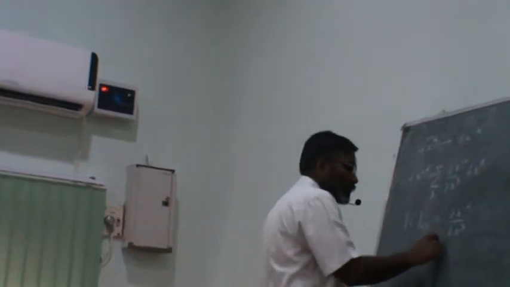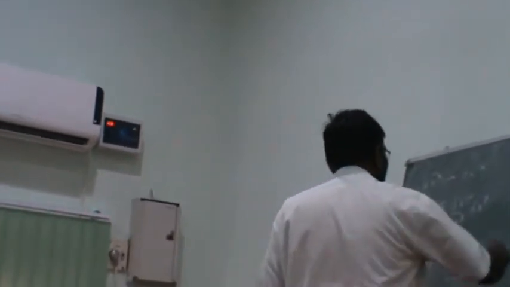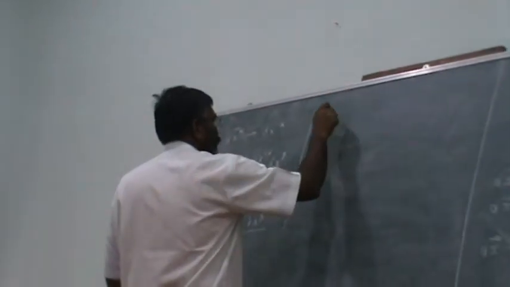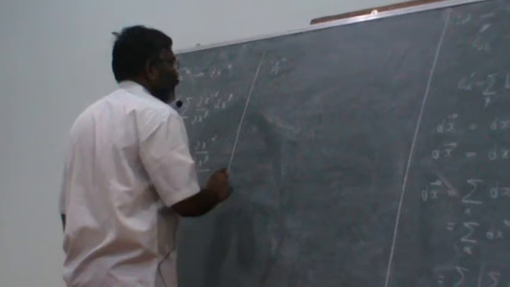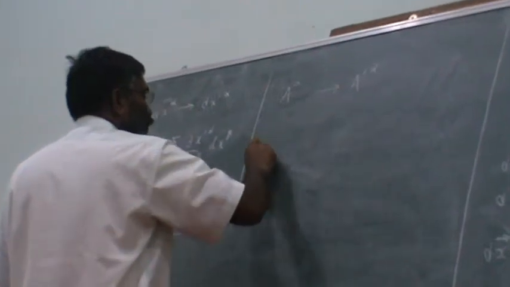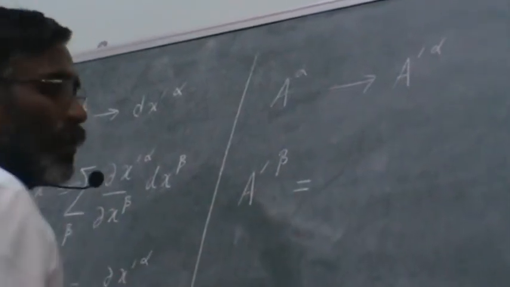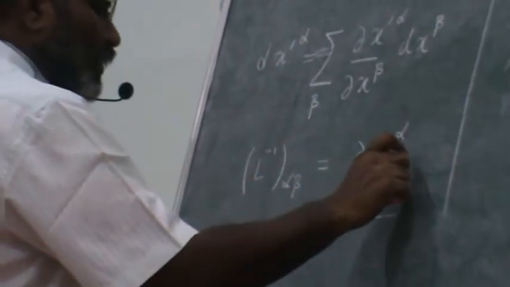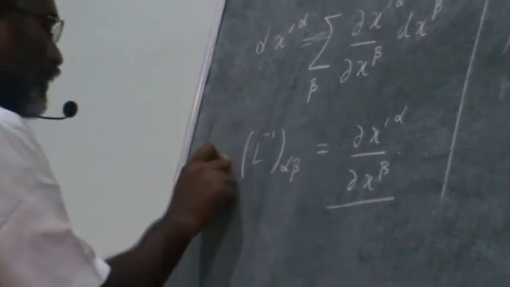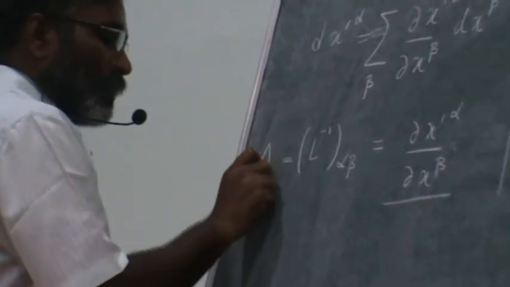So the advantage of this transformation is that this is quite general, in the sense that you can take any vector. Suppose you have a vector A with components A alpha, and then you make a change of basis, this will become A prime of alpha. So you can say that A prime of alpha will be equal to, I have the same transformation, so let us call this lambda alpha beta.